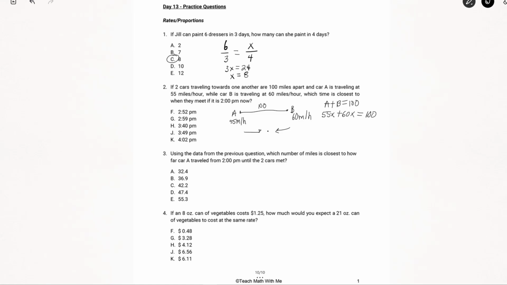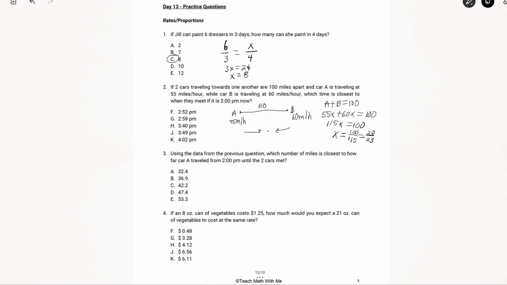When we multiply miles per hour times hours, we're left with miles. So we have 115x equals 100. We solve for x by dividing 100 by 115. Let's keep this as a fraction. 5 goes into both numbers, so we can reduce it to 20 over 23. This is our amount of time.